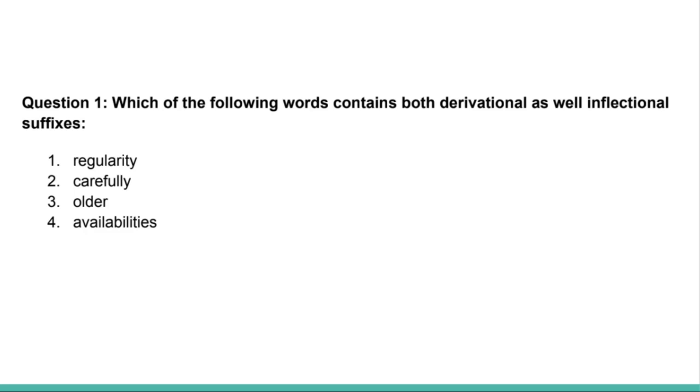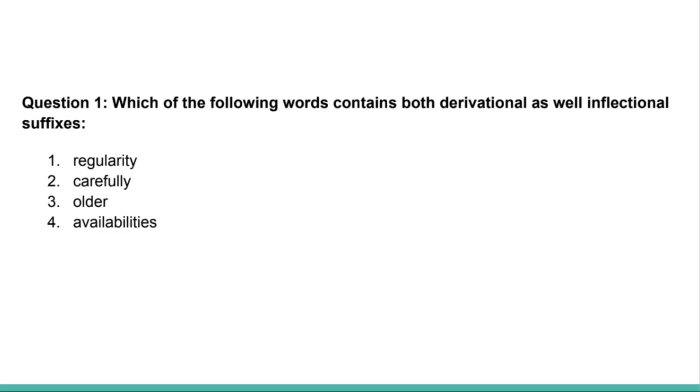Now let's take the last option, which is availabilities. In none of the other options have we come across an inflectional suffix. So let's analyze the last option. In availabilities, the root word is avail.